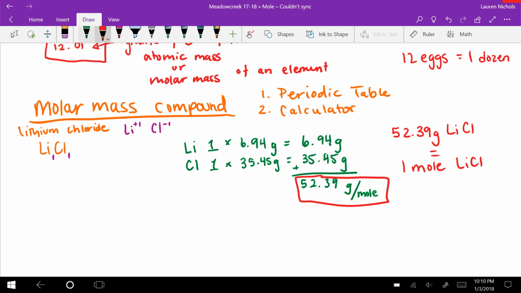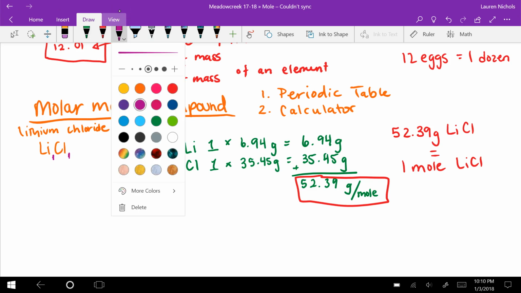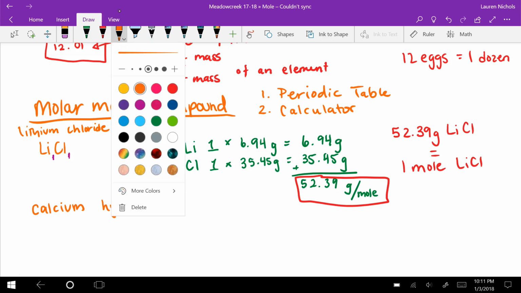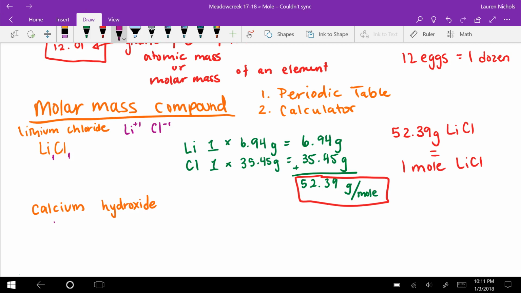What if we have, let's say, calcium hydroxide. Okay, we know that calcium is Ca, and calcium is in column number 2, so it has a +2 charge.